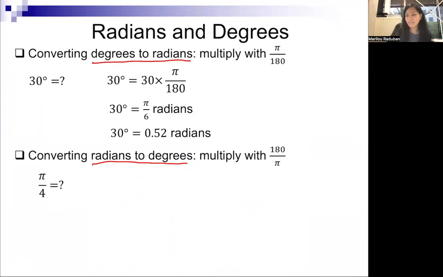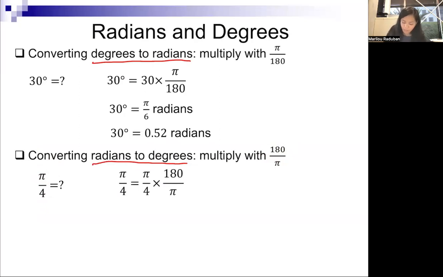Yeah, good. Yeah, that's right, Vilo. And then how do we convert pi over 4? Okay, so pi over 4 radians. Whenever you see the symbol pi, the unit of that is radians. So pi over 4 radians, how much is that in degrees? What you have to do is multiply pi over 4 with 180 divided by pi.